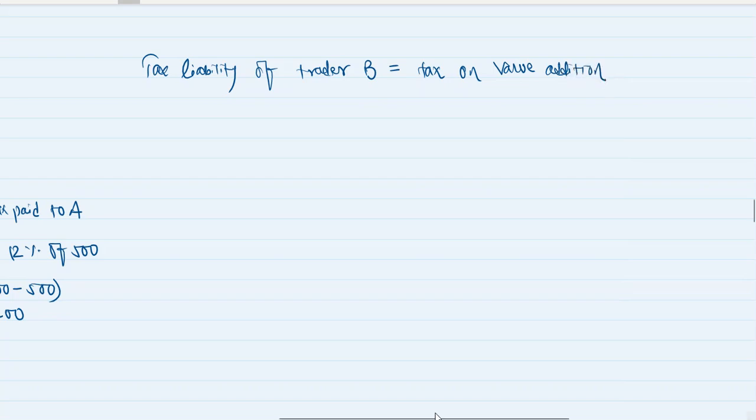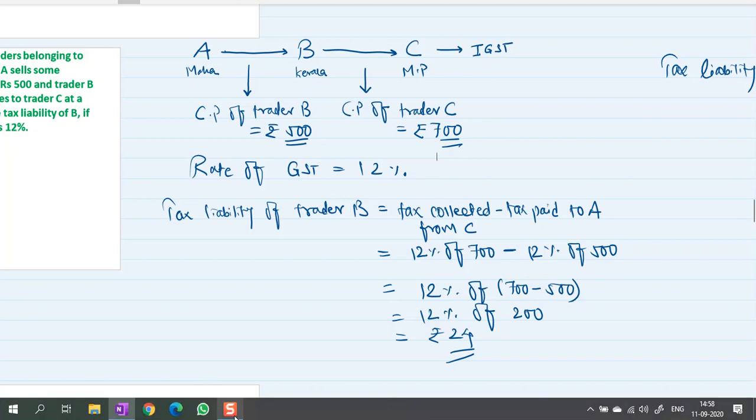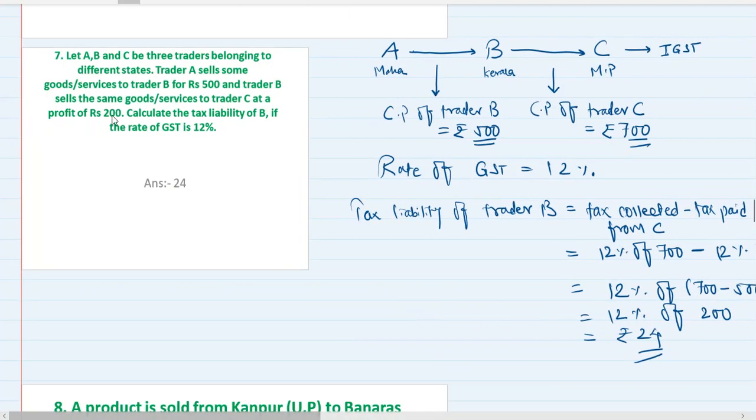If you look closely, you will see the value addition. Trader B bought the goods at 500 and he sold the goods at 700. So what is the value which is added? Value added is the profit, and the profit is 200 rupees, which they have clearly mentioned in the question. Trader B sells the same goods or services to trader C at a profit of 200.